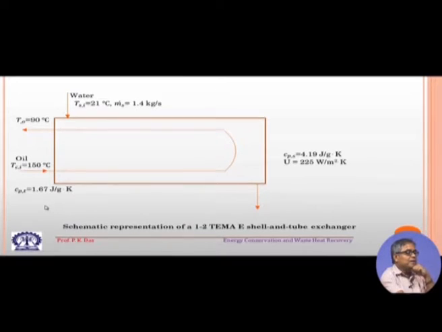Then Cp of tube side fluid is 1.67 and Cp shell side fluid is 4.19, joule per gram Kelvin, sorry, in both the cases it is joule per gram Kelvin, and U, the overall heat transfer coefficient, is 225 watt per meter square Kelvin.